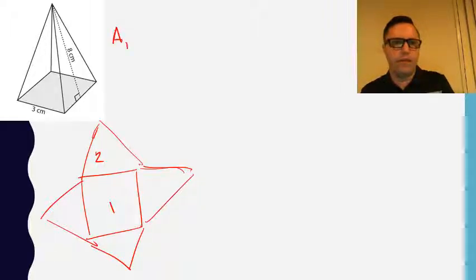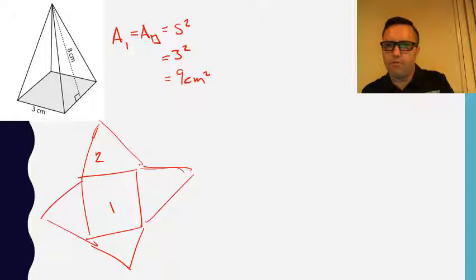Area 1 is equal to the area of a square, which is side squared, which is 3 squared, which is equal to 9 centimeters squared. Then we have our triangle. We're told that this has a base length of 3 down here, and it's got a right angle going up with 8 centimeters.